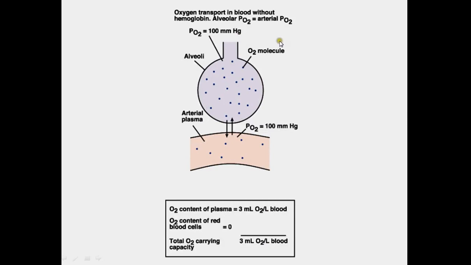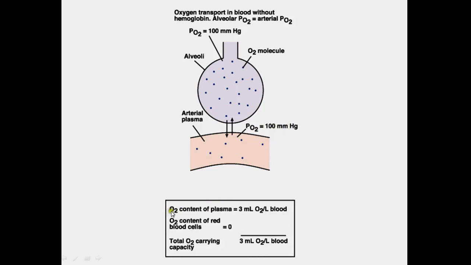Oxygen transport in the blood without hemoglobin. Now, let us think that if the hemoglobin is not there, alveolar PO2 is equal to arterial PO2. So, alveolar PO2 is 100. So, in the arterial plasma, there will be exchange taking place. The partial pressure of the oxygen is 100.